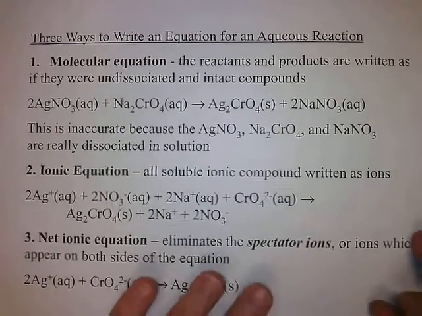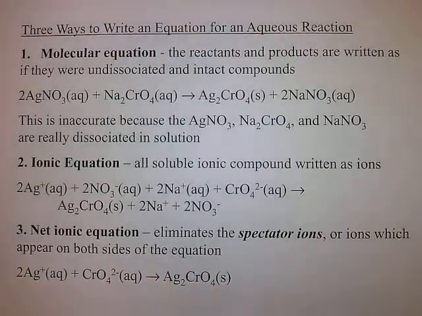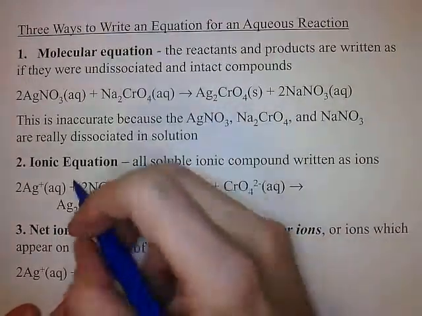Now, last we write what's called the net ionic equation, and this eliminates the spectator ions. So why do we call them spectator ions? Because they don't really participate in the reaction. Basically anything that appears as an ion on both sides of the equation we cancel out.